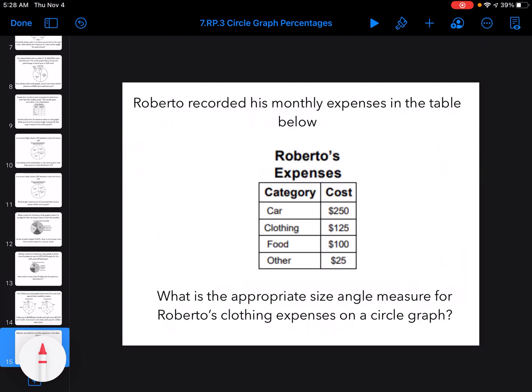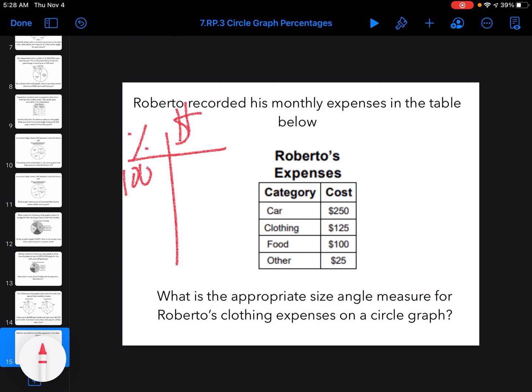Last question. Roberto recorded his monthly expenses in the table below. What is the appropriate size angle measure for Roberto's clothing expenses on a circle graph? Okay, well, I have to find his percent first. So I know 100% would be, well, I don't know how much he made, so I'm going to have to add that up.